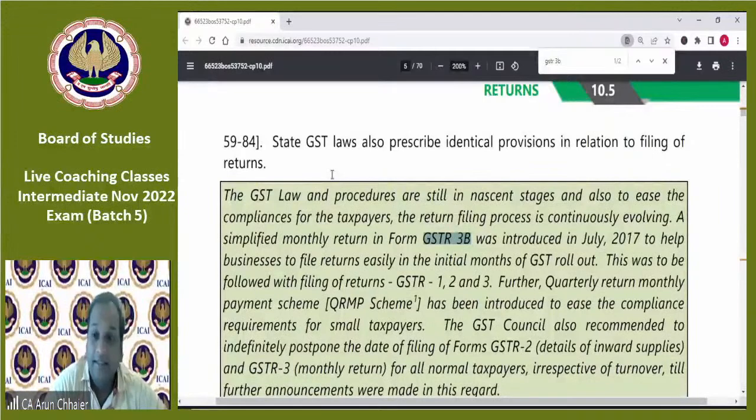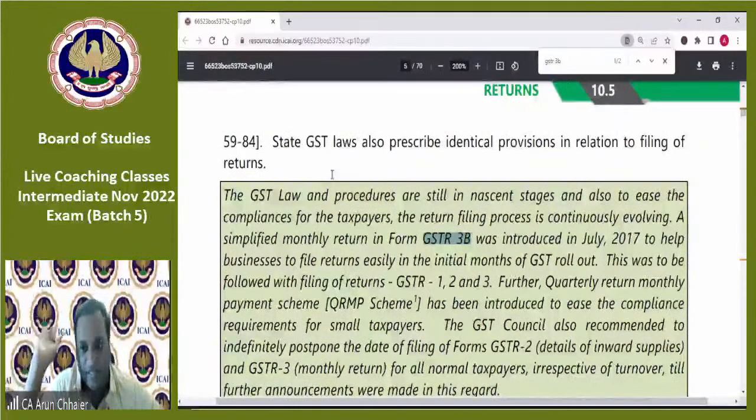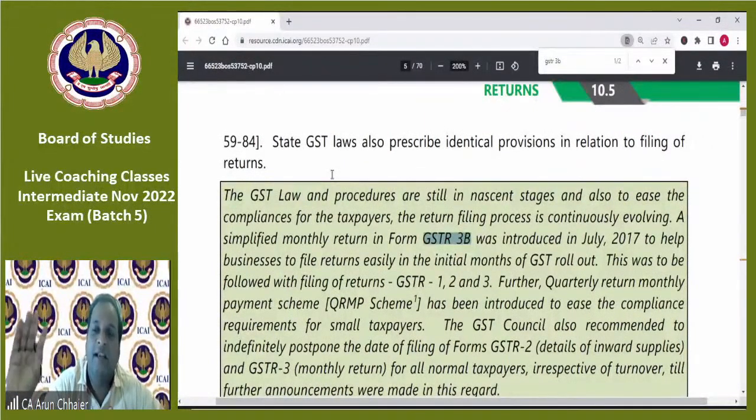Now, GSTR 3B would be filed either monthly or quarterly. If it is monthly, the due date is 20, and if it is quarterly, it is 22 or 24, depending upon the state. India has been divided into states. What is the logic?